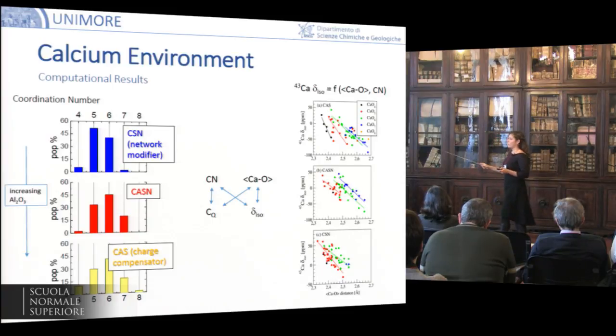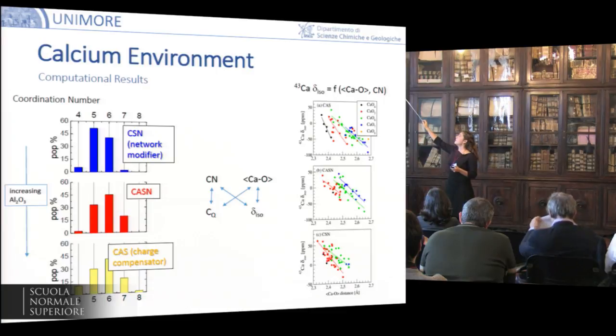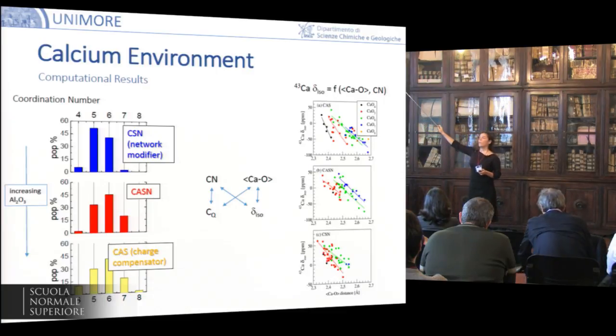For example, as you can see here, we plotted calcium-oxygen distance versus calcium isotropic chemical shift. They are basically clouds of points. But if you consider each coordination number, then you get a reasonable correlation. This means that there exists a bivariate correlation between isotropic chemical shift, calcium-oxygen bond length, and coordination number.